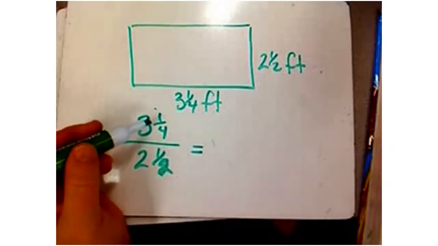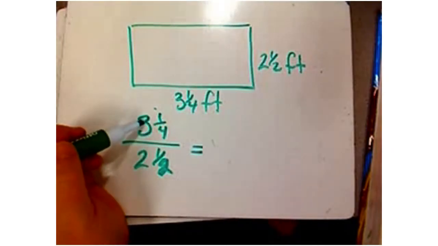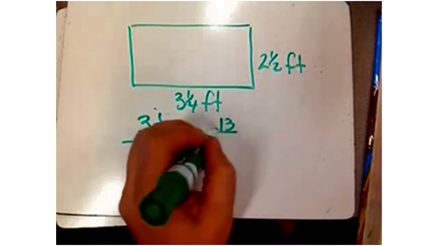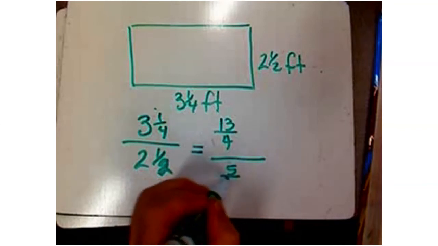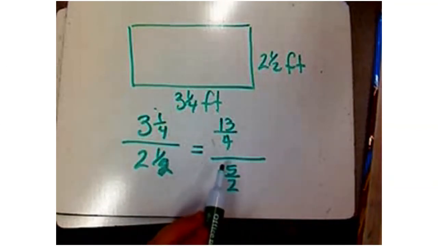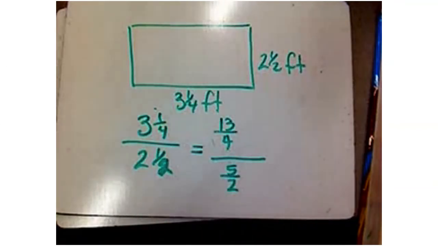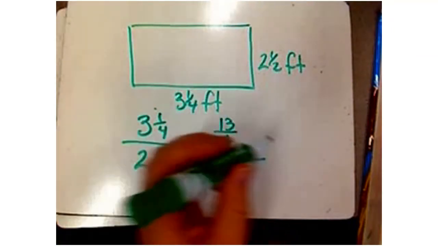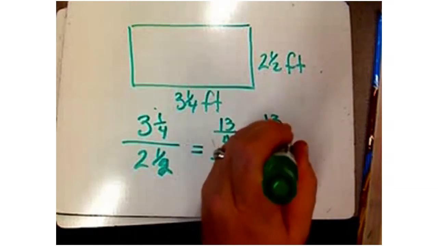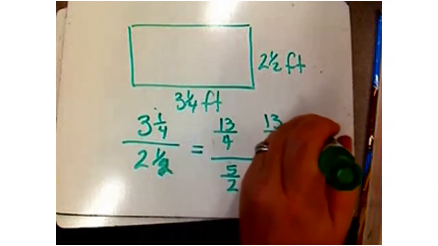Change that to improper fractions. 4 times 3 plus 1 would be 13 over 4, all over 2 times 2 plus 1 is 5 over 2. That's just a complex fraction. Don't worry about this. So know that this just means division, doesn't it? So it means 13 over 4 divided by 5 over 2.